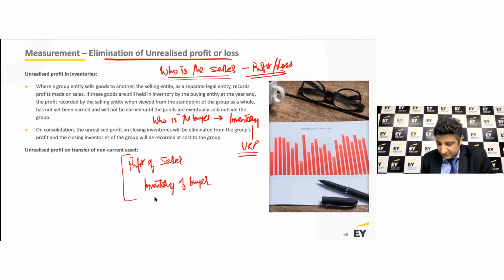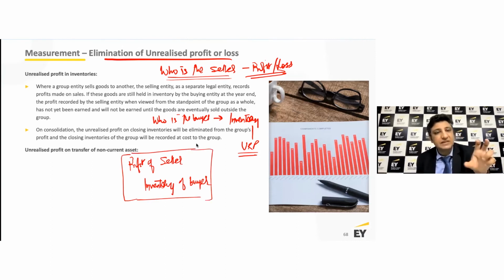This is the thumb rule as far as elimination of the unrealized profit is concerned. Something that you want to be very, very comfortable with at any point in time.